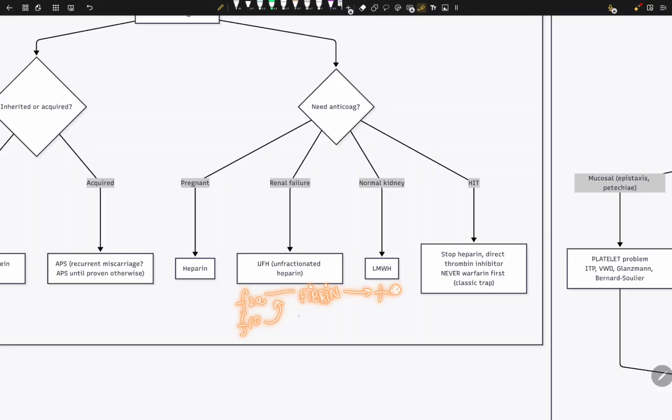So these are monsters of coagulation, right? These are like big things in coagulation. So we can stop them by antithrombin, right? Antithrombin 3. So if we don't have antithrombin 3, they're gonna go up, right? Or we can give drugs. So this low molecular weight heparin actually stops the factor 10A, right? And this unfractionated heparin stops the factor 2A.